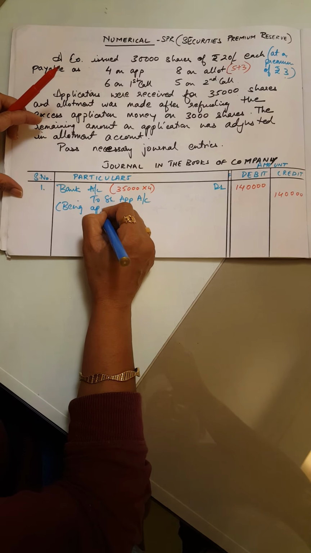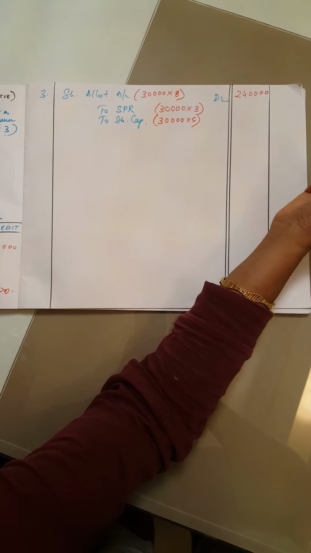I repeat, when you are receiving the allotment or making the allotment due, you have to take care of securities premium reserve. Premium is rupees 3. Total amount due on allotment is 8. But 3 rupees will go to SPR and 5 rupees will go to share capital. So here your total amount on share allotment will be 2,40,000.